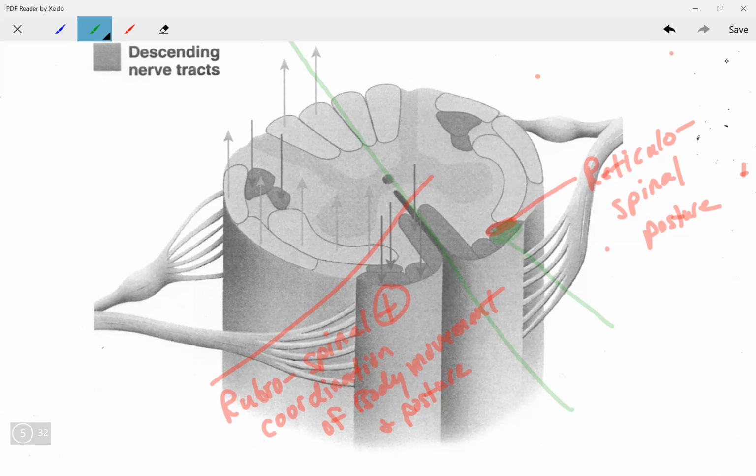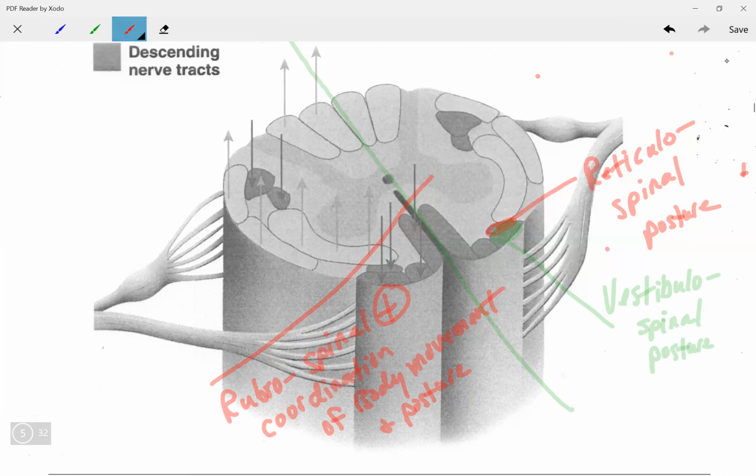That is the vestibulospinal. Okay, this also has to do with posture.